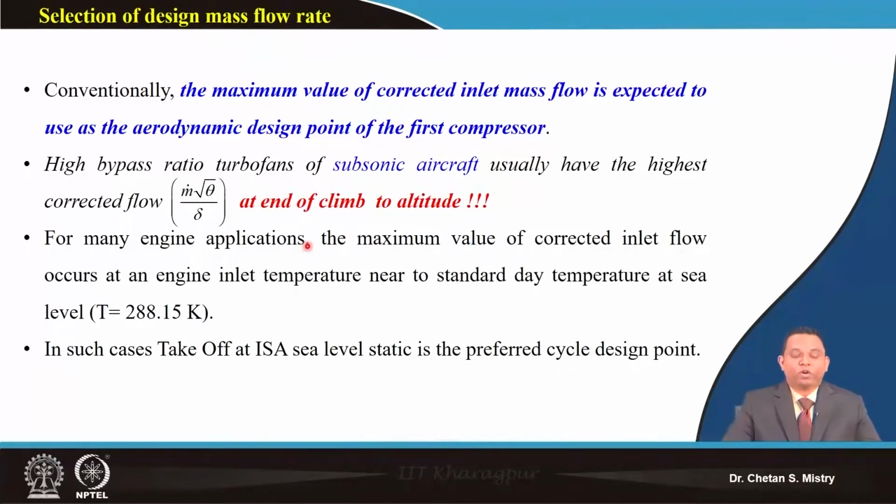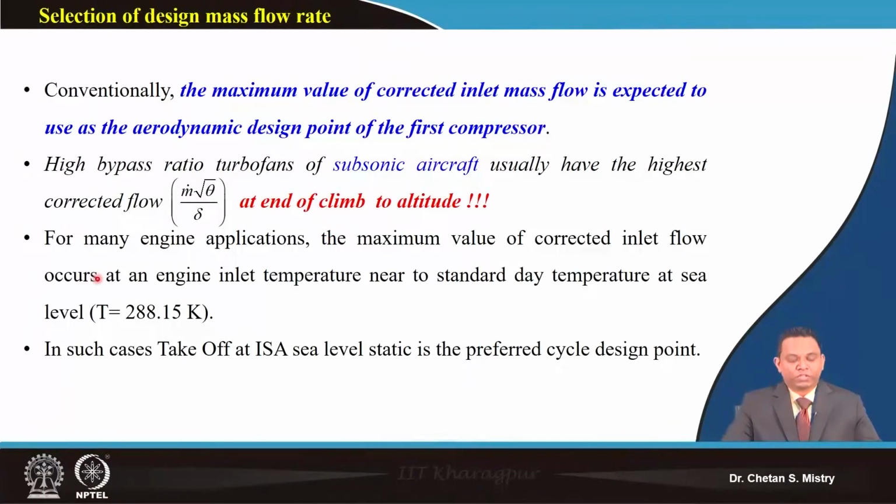But it has been found that for high bypass ratio engines, which fly at subsonic speed, the highest mass flow rate happens at the end of climb at a particular altitude. So what we are assuming as the maximum mass flow rate condition at ground level, at takeoff, may lead to some misconception, or maybe a few percent less mass flow rate.